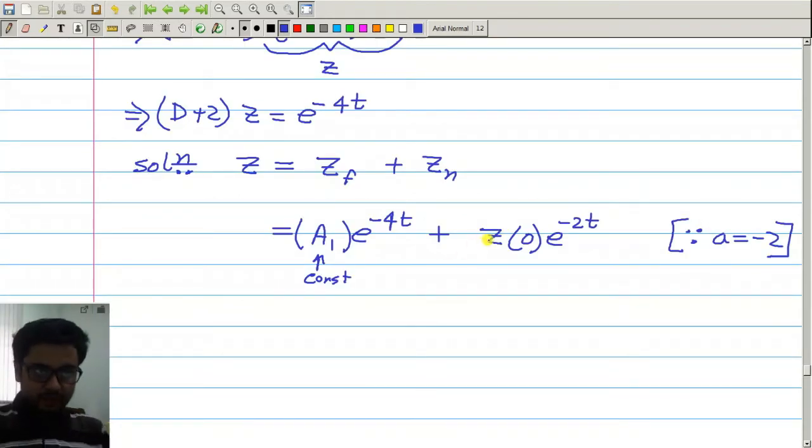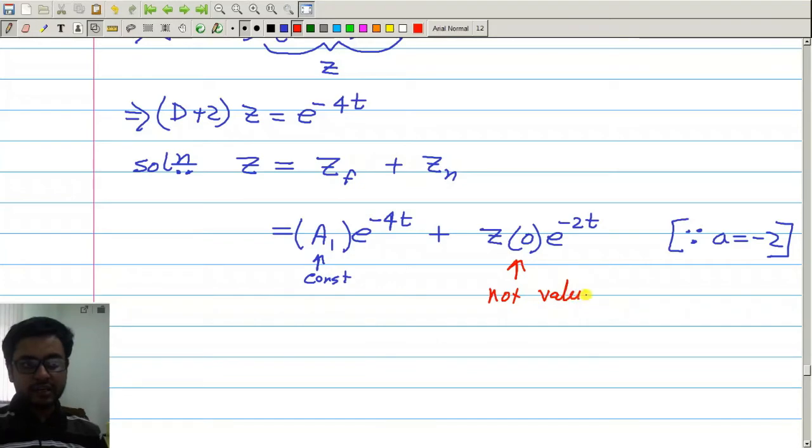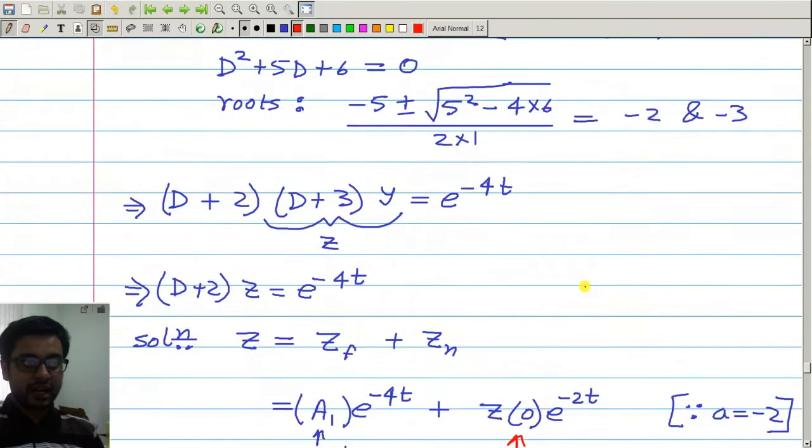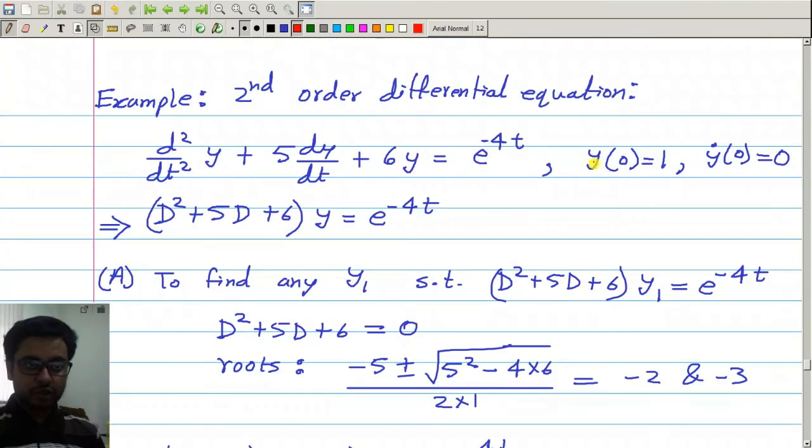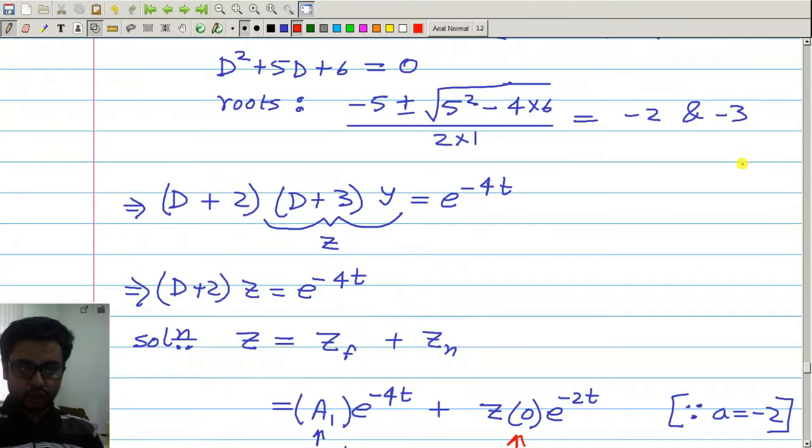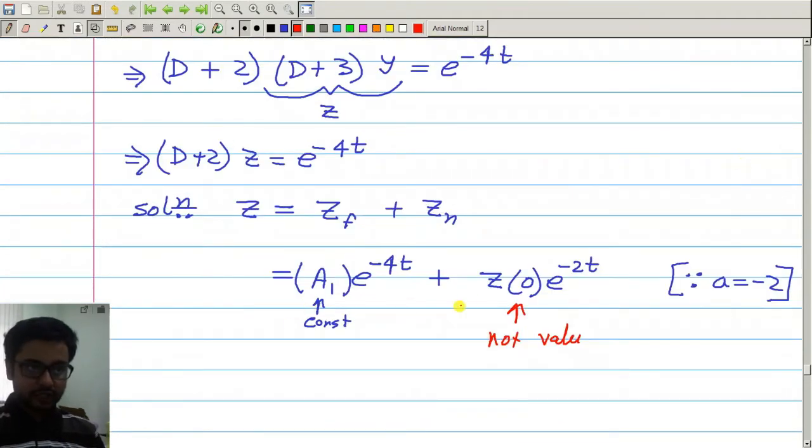Now we do not know the value of z0 because the initial conditions are given in terms of y and not in terms of z, so this is not known.